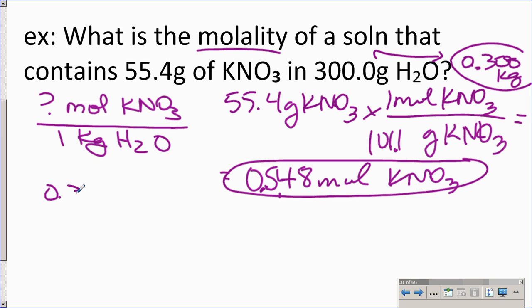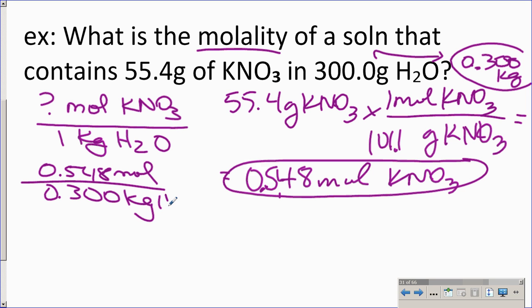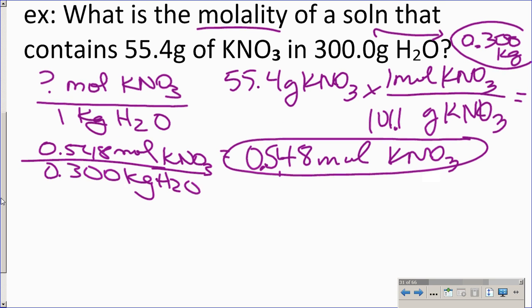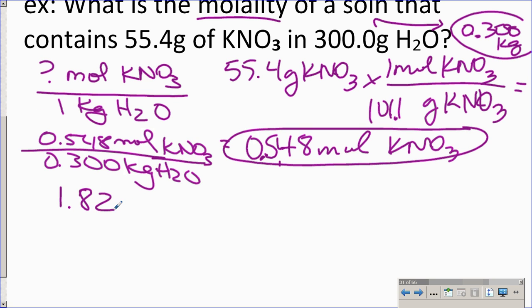So 0.548 moles of potassium nitrate over 0.300 kilograms of water gives us what molality? Anybody? Okay, 1.82 molal. Little m. Yeah, 3 sig figs all the way.